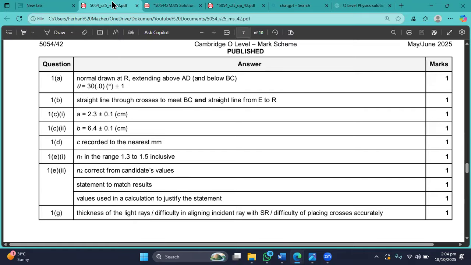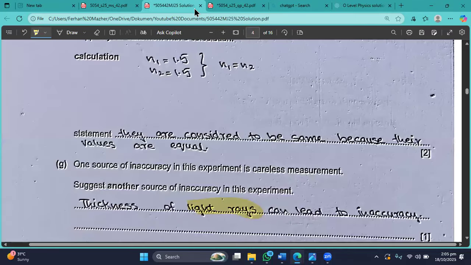Okay, the thickness of the light ray, difficulty in aligning the incident ray with the ray, difficulty of placing crosses accurately. The marking scheme wrote the answer as the thickness of the light ray. If the light ray which you are using is not thin, then the position of the light ray can be misleading.